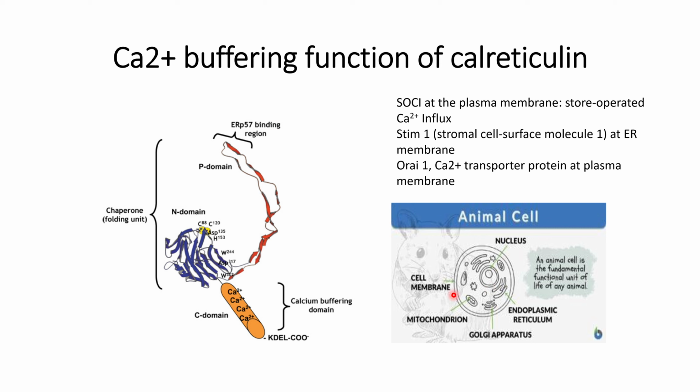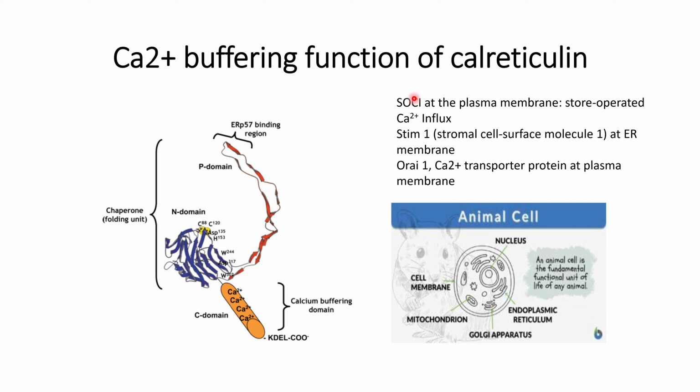When Ca2+ is released from the endoplasmic reticulum, there is a protein available at the endoplasmic reticulum membrane, STIM1, which is the sensor for measuring the Ca2+ level within the endoplasmic reticulum, and it gives a signal to the proteins available in the plasma membrane, the store operated calcium influx protein.